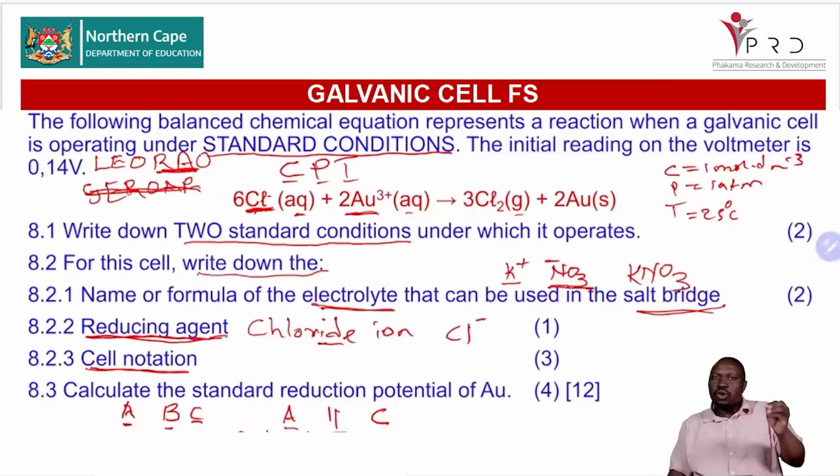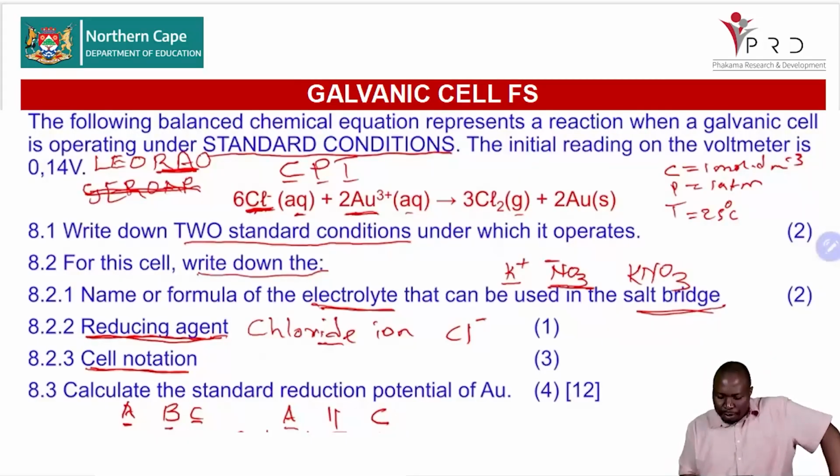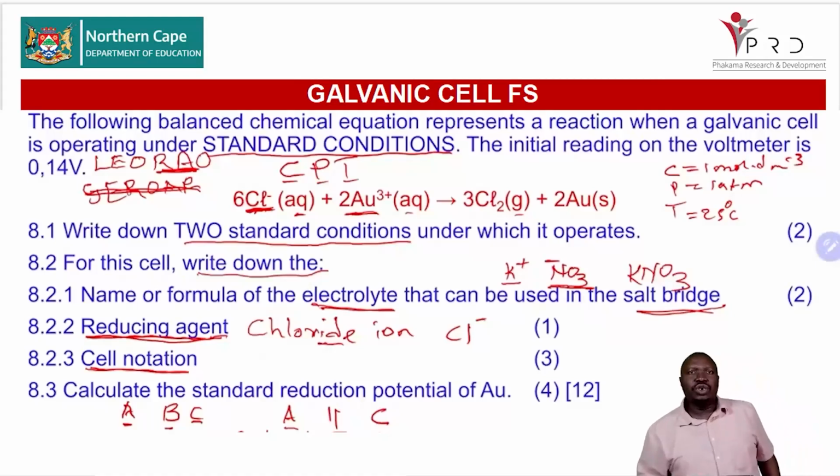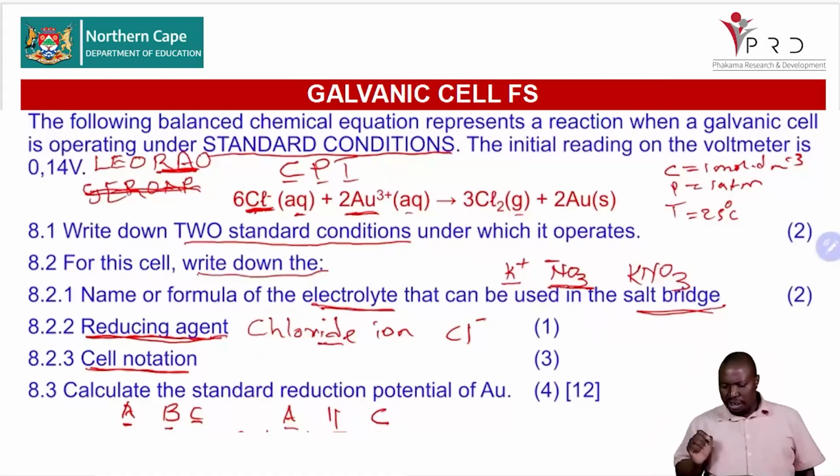An electrode must always be a solid. Hence, we are using platinum as our electrode there. And then you have your salt bridge. You can indicate the concentration of your solution, to say your solution has a concentration of 1 mole per cubic decimeter. It's fine, but we don't penalize you for not writing it in this way.